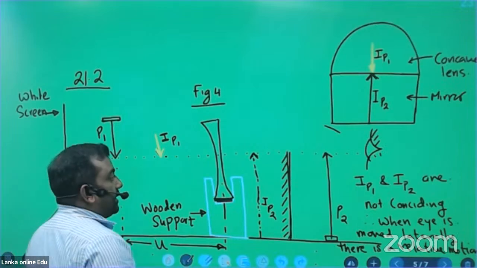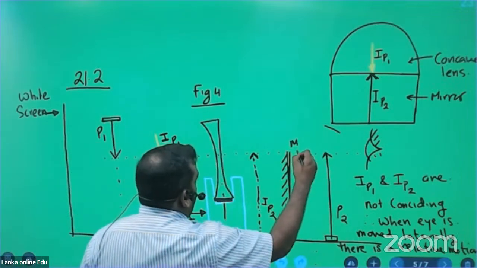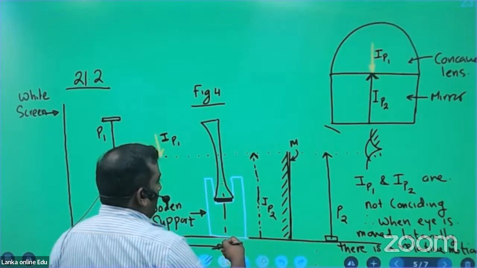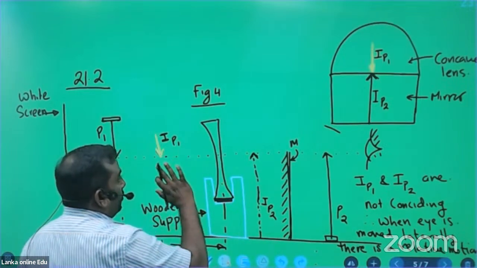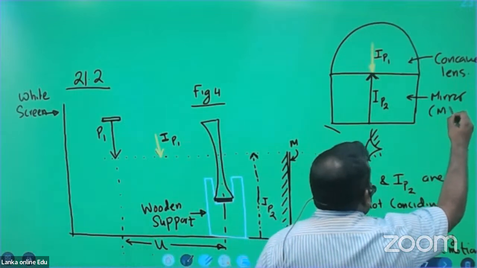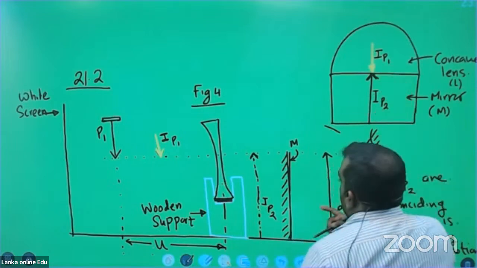How do I coincide this? I use a much taller pin with a plane mirror connected. Object distance equals image distance. Image of P2 and image of P1 are not coinciding. You have the mirror and the lens, they seem like coinciding, but actually they are not.